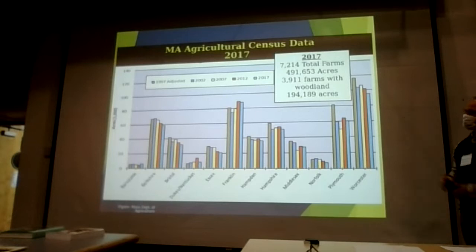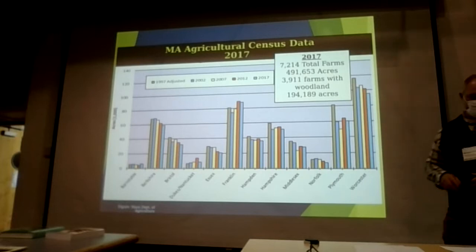But we're in a landscape now that's dominated by forest, and we need to find a way to work within that to support our needs for food, primarily at a regional level. We also need to find ways to not go back to that time period where we're clearing land again. So is there a way to work in a symbiotic way with the forest? Next, please.